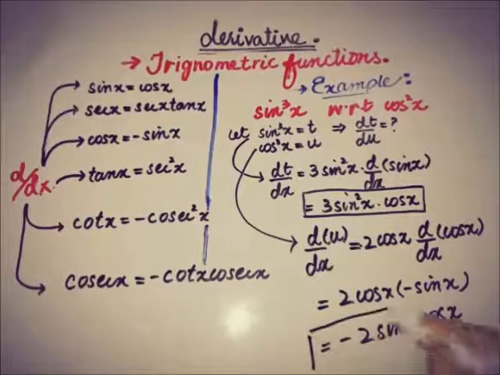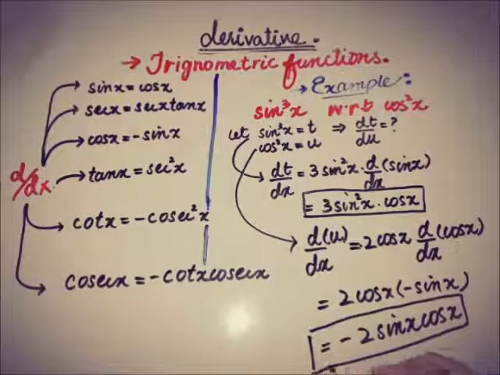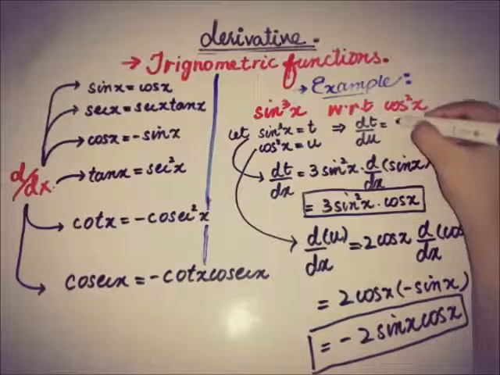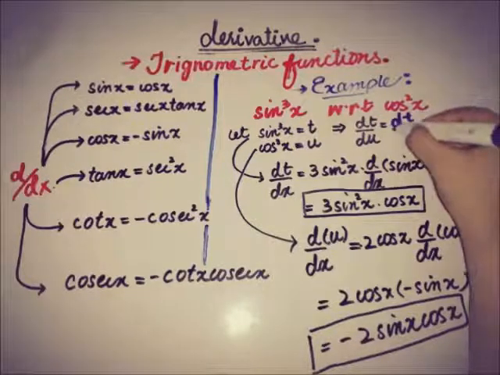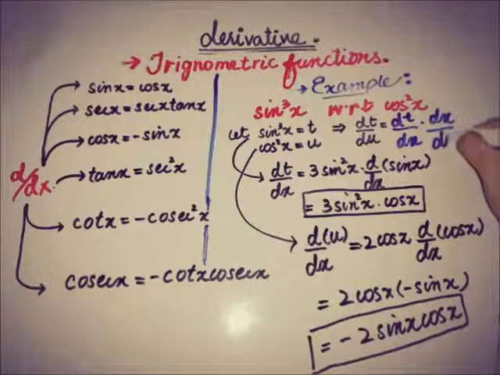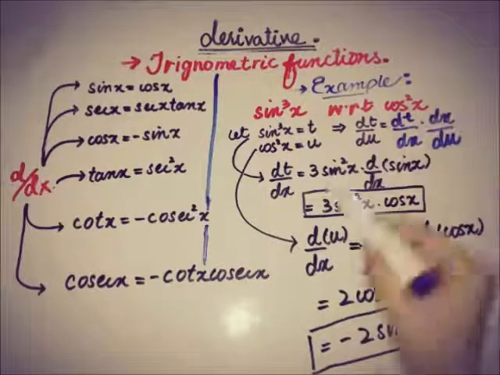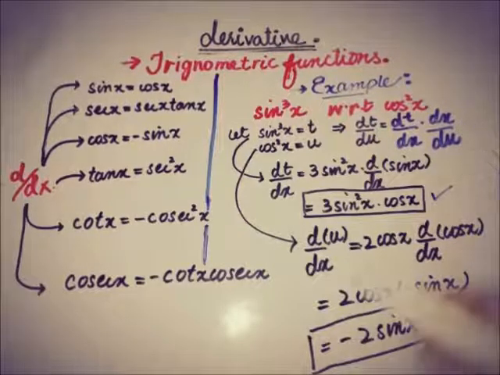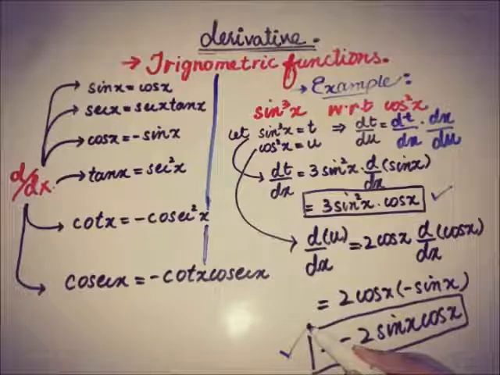So this is the required thing here, and we will use the chain rule: in order to find the derivative dt by du, we can write it as dt by dx into dx by du. The dt by dx is this, and dx by du is the reciprocal of this thing.